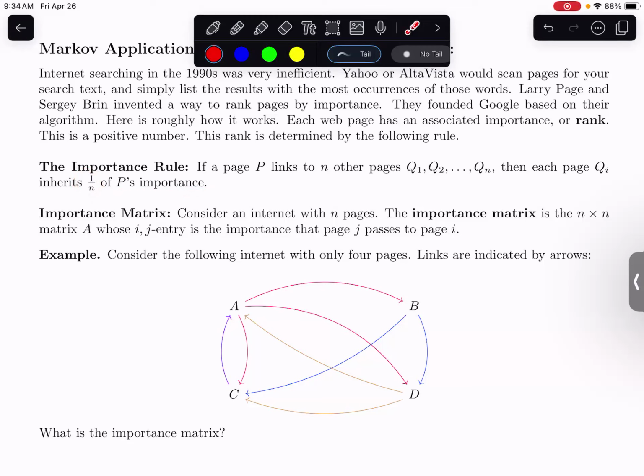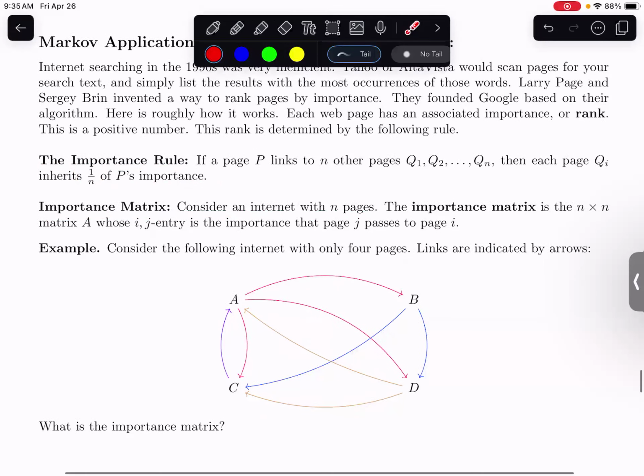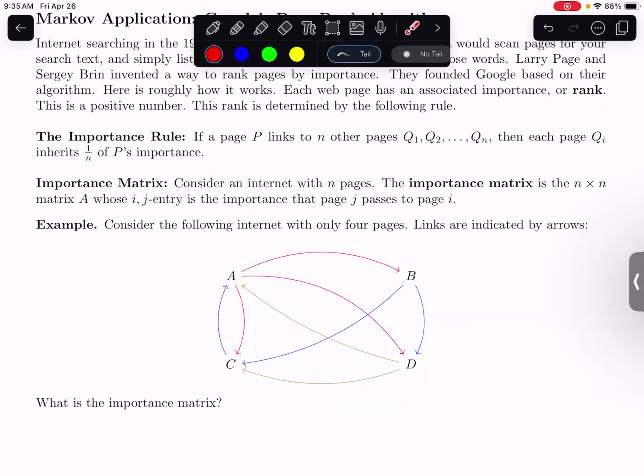From this importance rule, we can come up with an importance matrix. We're going to consider an internet with n pages. The importance matrix is an n by n matrix whose ijth entry is the importance that page j passes to page i.